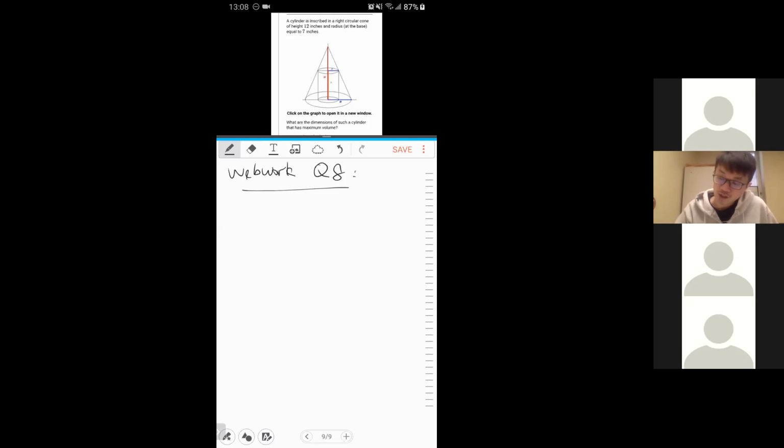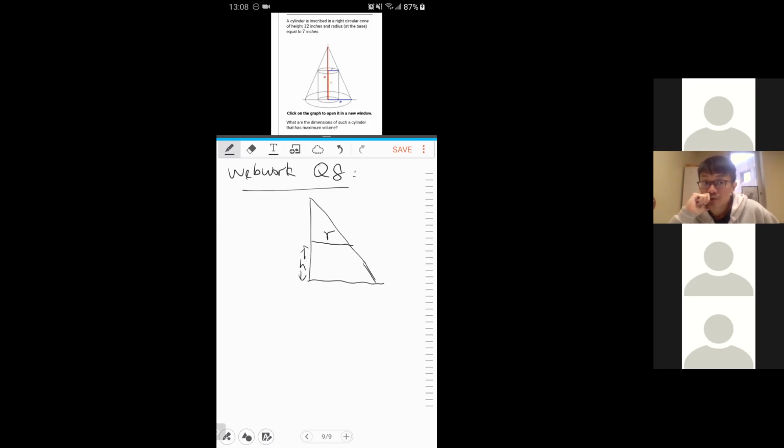So instead of drawing that whole thing, I'm going to focus on the triangle inside that picture. The lowercase r and the lowercase h are the radius and height of the cylinder, right?